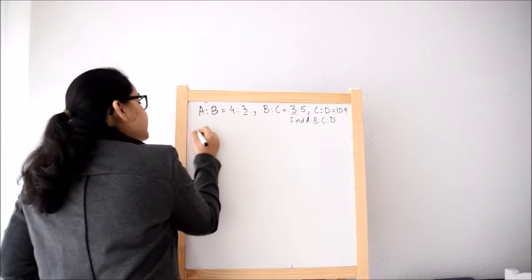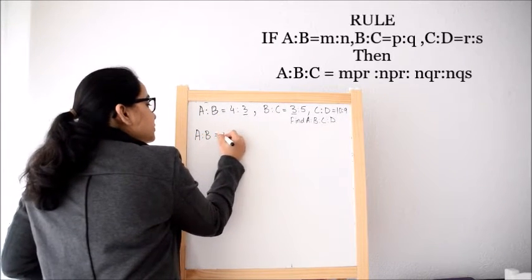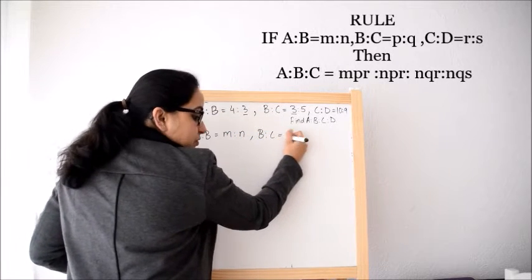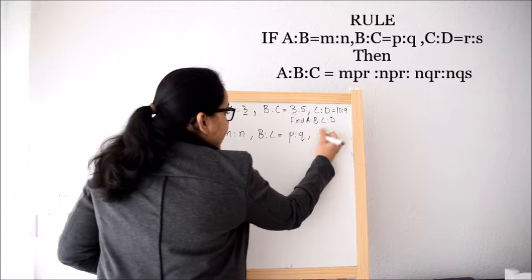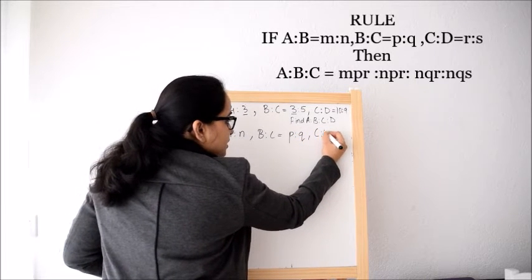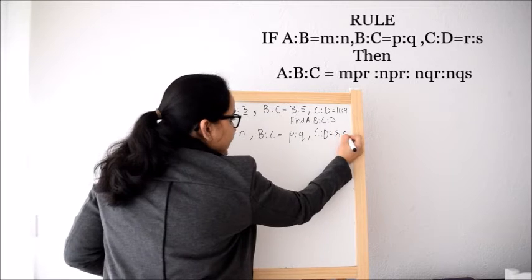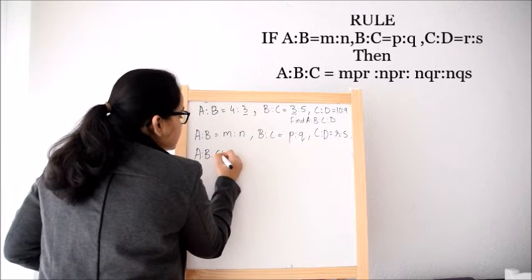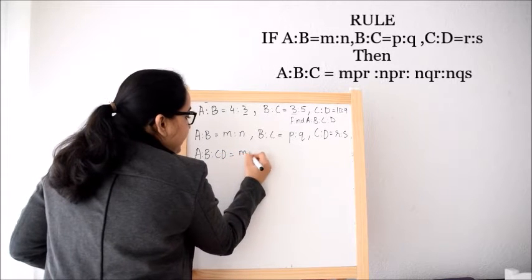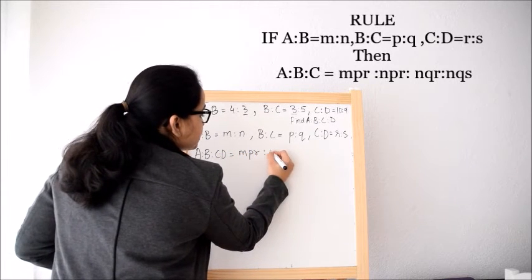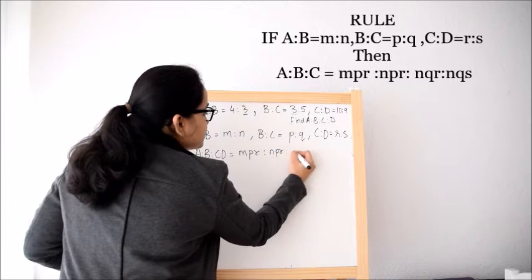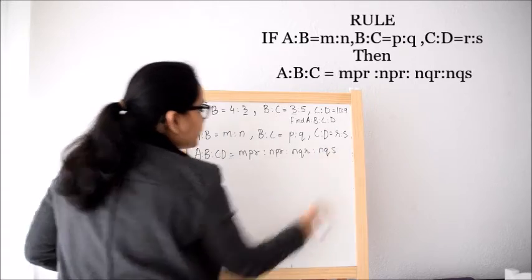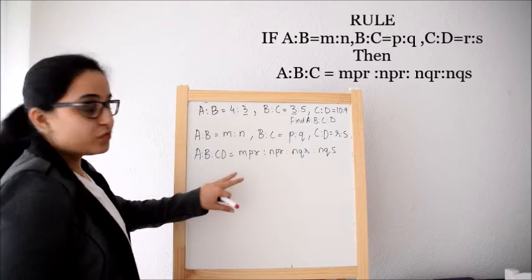Okay, now it says that if A is to B is equal to M is to N, B is to C is equal to P is to Q, and C is to D is equal to R is to S, then A is to B is to C is to D is equal to MPR is to NPR is to NQR is to NQS. Okay, if you remember this is very easy.